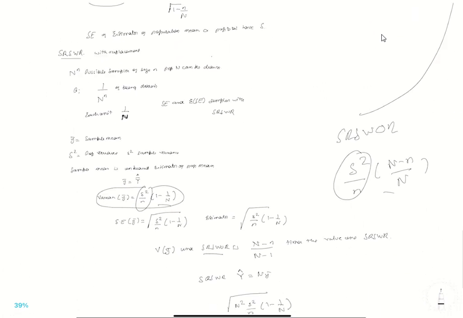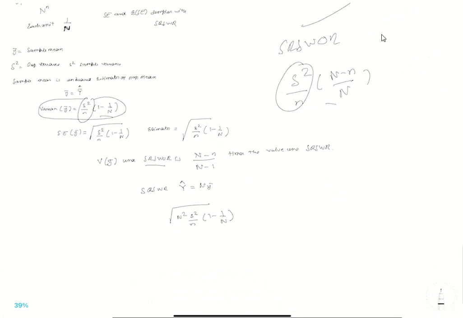So we know that Y hat is equal to N y bar, and the variance of y bar is this thing. Variance of y bar is S square upon n times (1 minus 1 upon n).